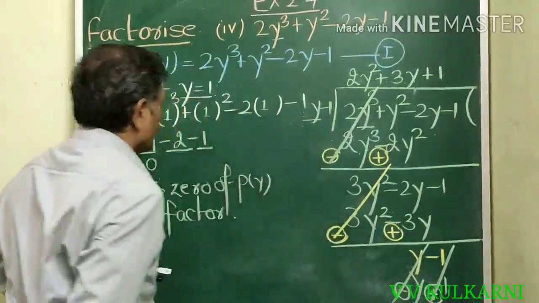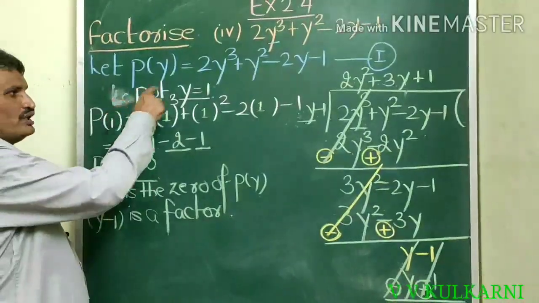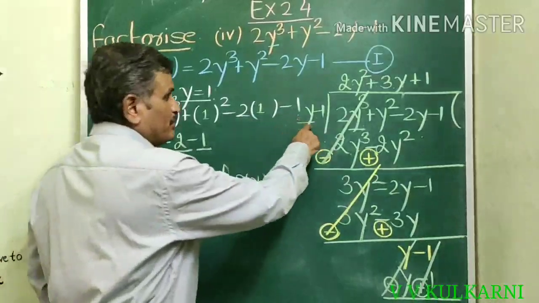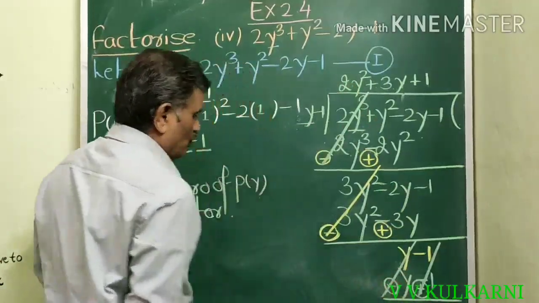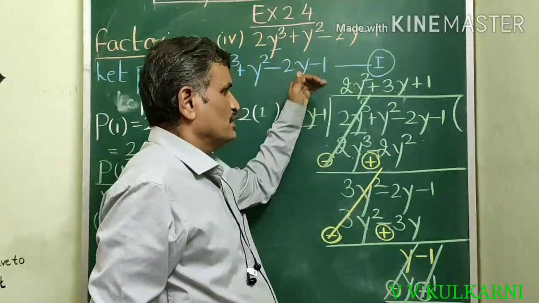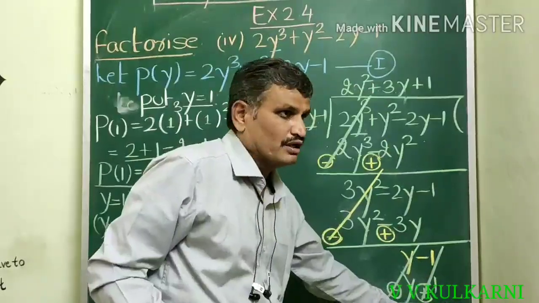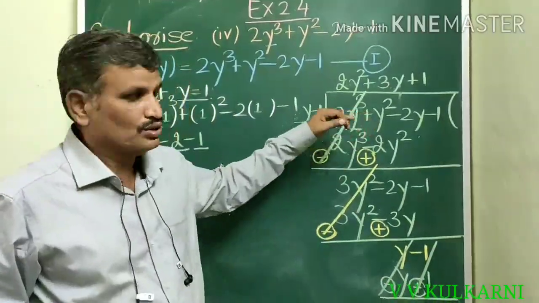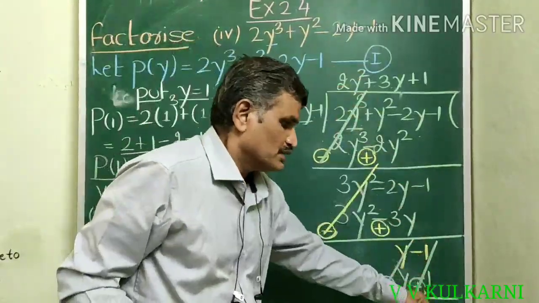So children, what I told you here is y equal to 1 is a zero and that's why y minus 1 is a factor. Now I told you one more thing. Dividend is equal to divisor into quotient plus remainder. That means this is equal to this into this plus this.